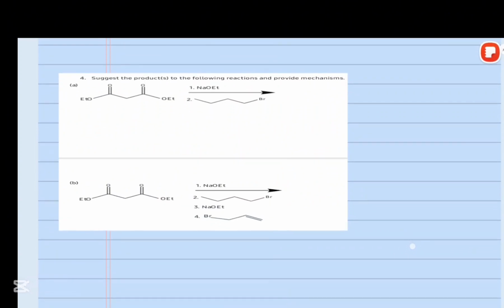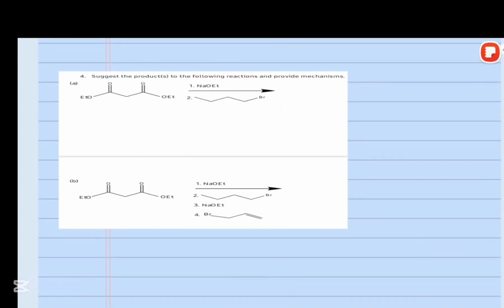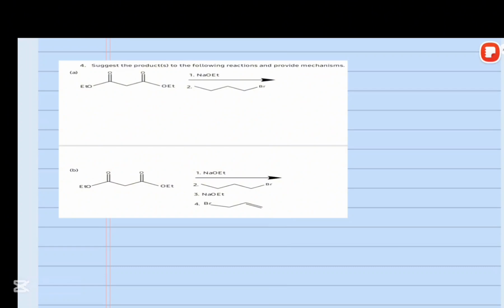This is one of the questions that came in a certain examination paper. Question 4: suggest the product to the following reactions and provide the mechanism.